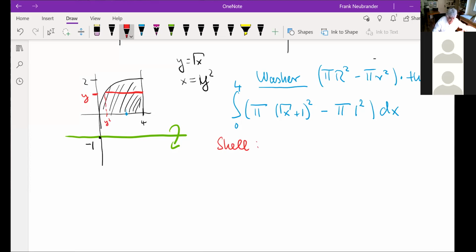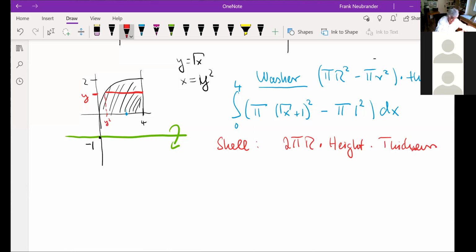And for a shell, the base formula of a volume is 2 pi times the radius times the height times the thickness. Now you have to go back to your picture and identify what is the height of the shell, what is the radius of the cylindrical shell, and what is the thickness.